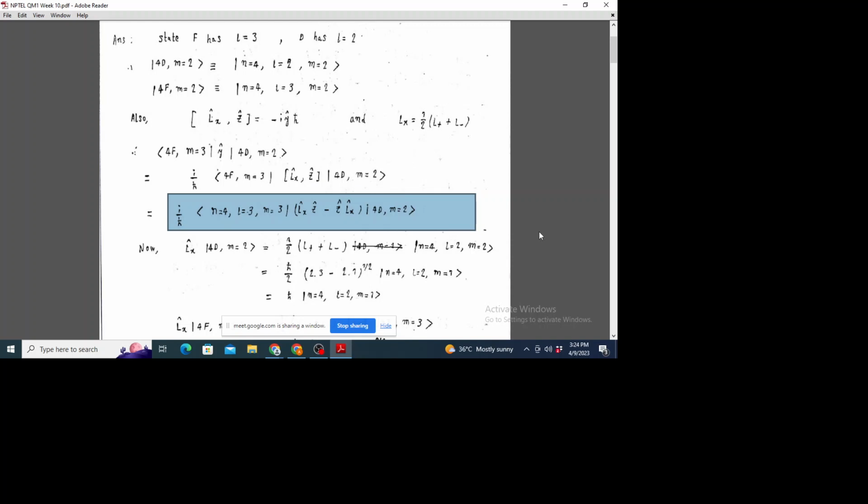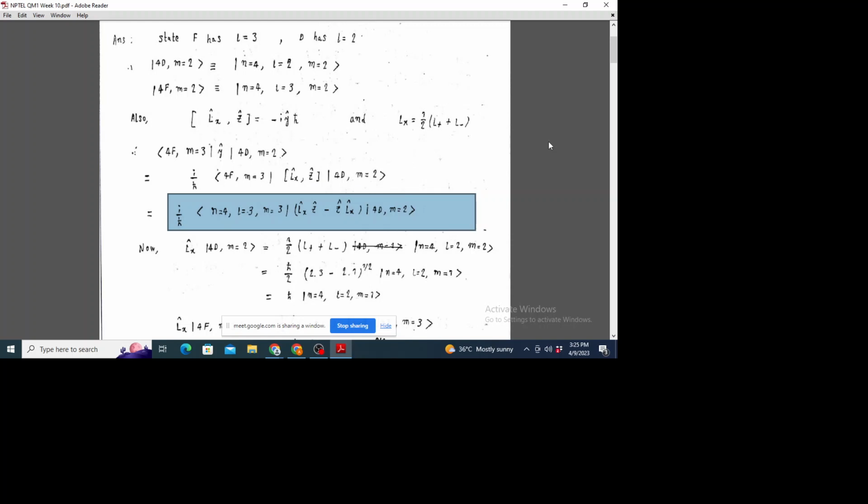So the commutator of Lx, Lz, you know what you will get if you expand it. Now we are actually used to working with the L plus and L minus operators instead of Lx and Ly, because L plus and L minus have simpler action on the L comma m basis kets, right?